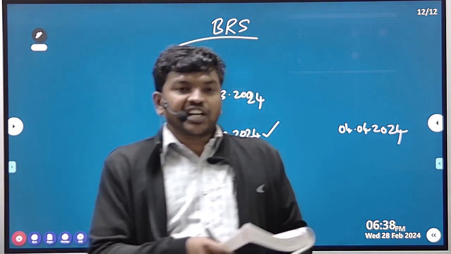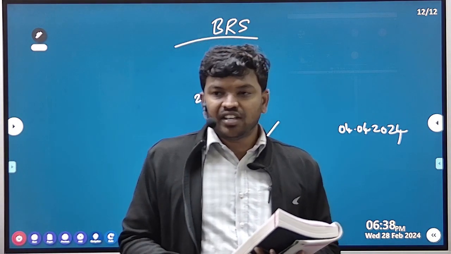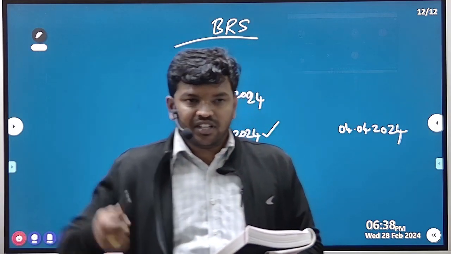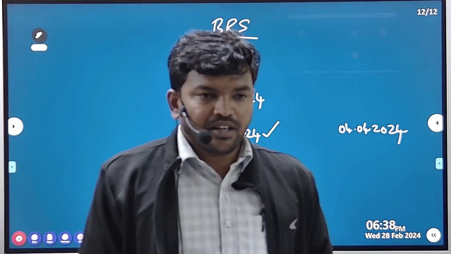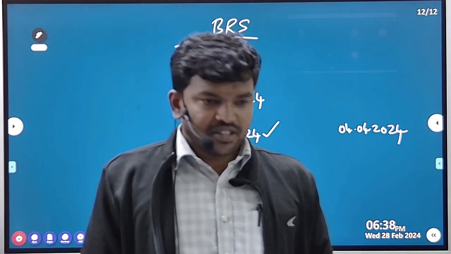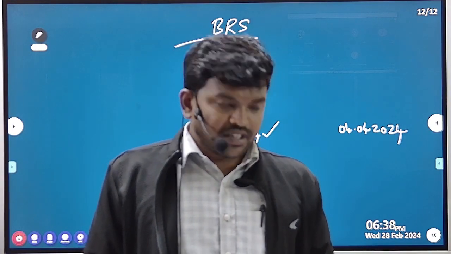Interest on deposit credited by bank, suppose there is an FD, the business has done some FD, and they credited the interest in the bank, we have no intimation. These are all the examples. Okay.